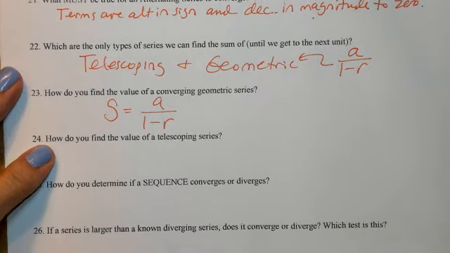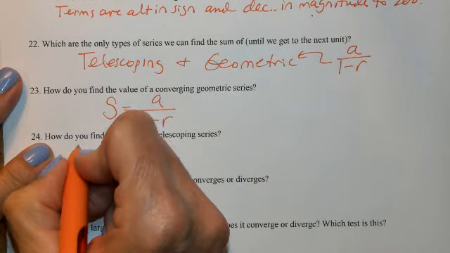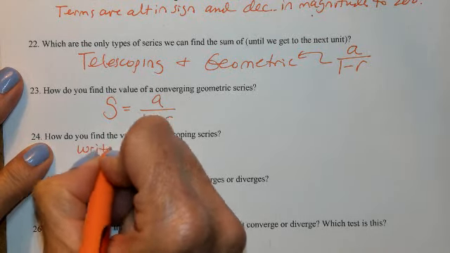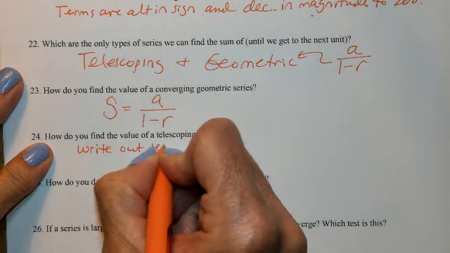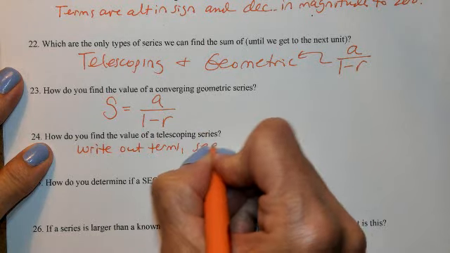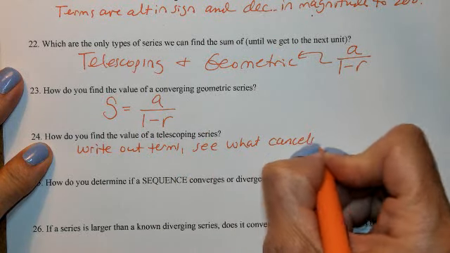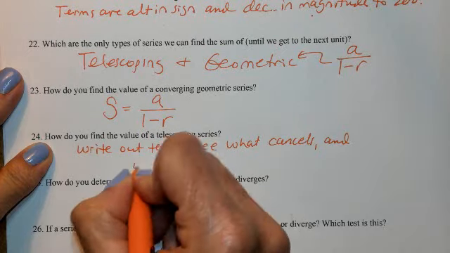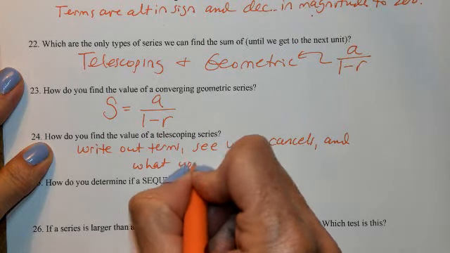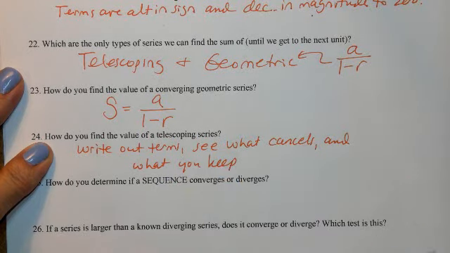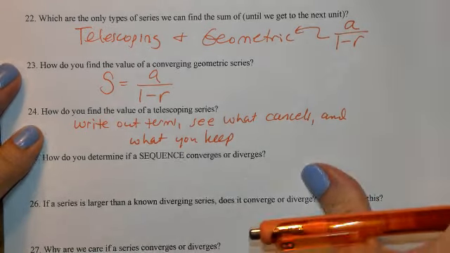How do you find the value of a telescoping series? You write out terms, see what cancels, and what you keep. And just add together what you keep.